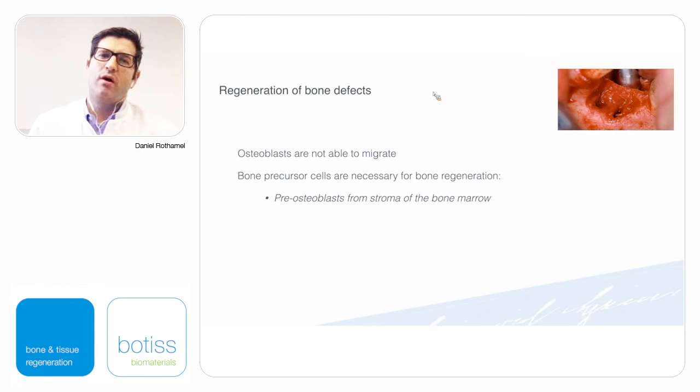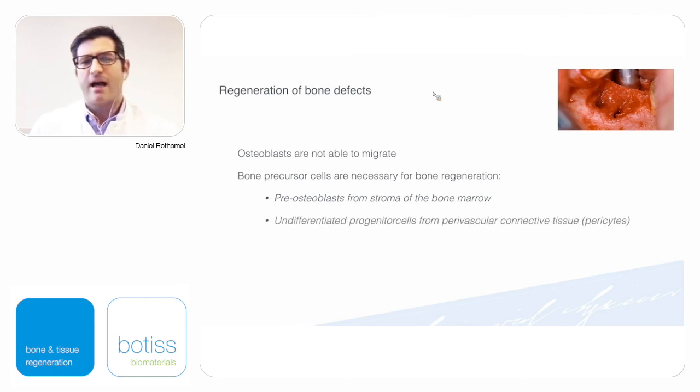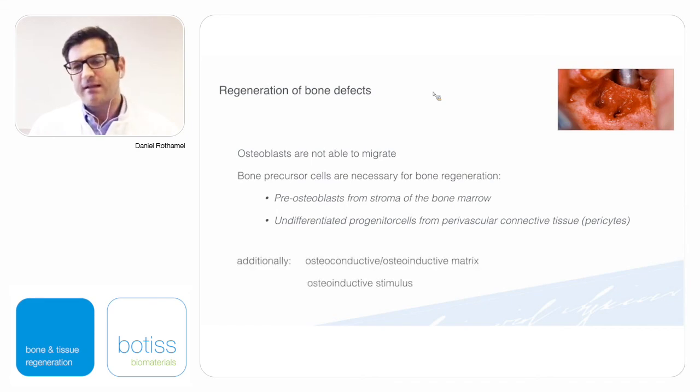However, as you all know, we can also use bone substitute material only, and we can find on histological slides spots of new bone formation not in direct contact to pre-existing bone. And here, another cell type is very important. These are the pericytes. They are undifferentiated progenitor cells. They are located around the small blood vessels, and they are able to finally differentiate into bone-producing osteoblasts if they have a nice osteoconductive matrix, and an osteoinductive stimulus.